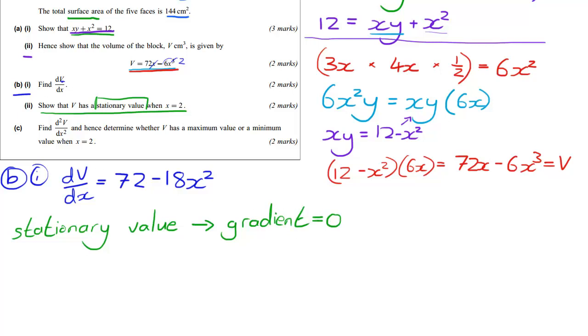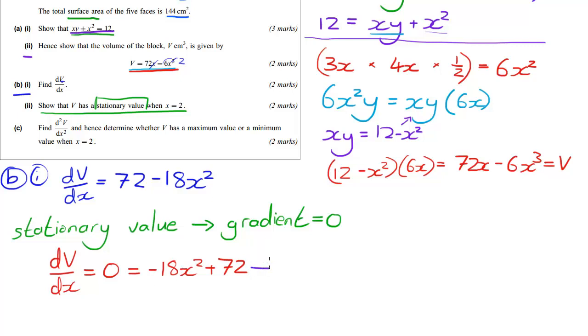So in this case, normally it's dy over dx is equal to 0. So in this case, we're going for dv over dx has to be equal to 0. So we're going to try and make this minus 18x squared plus 72 equal to 0.